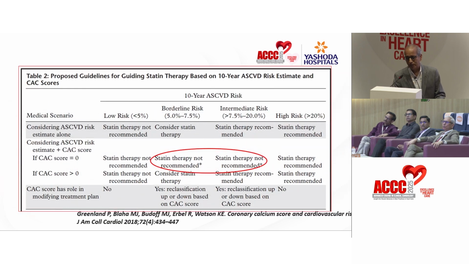Now, when you combine a calcium score, if you're trying to start statins based upon the clinical scores alone, especially in the borderline and intermediate risk, a significant proportion of them would be undergoing statins. But if you club this with a calcium score, so if you have a calcium score of 0 in a borderline or intermediate risk patient, you don't need to start statins according to the recommendations.